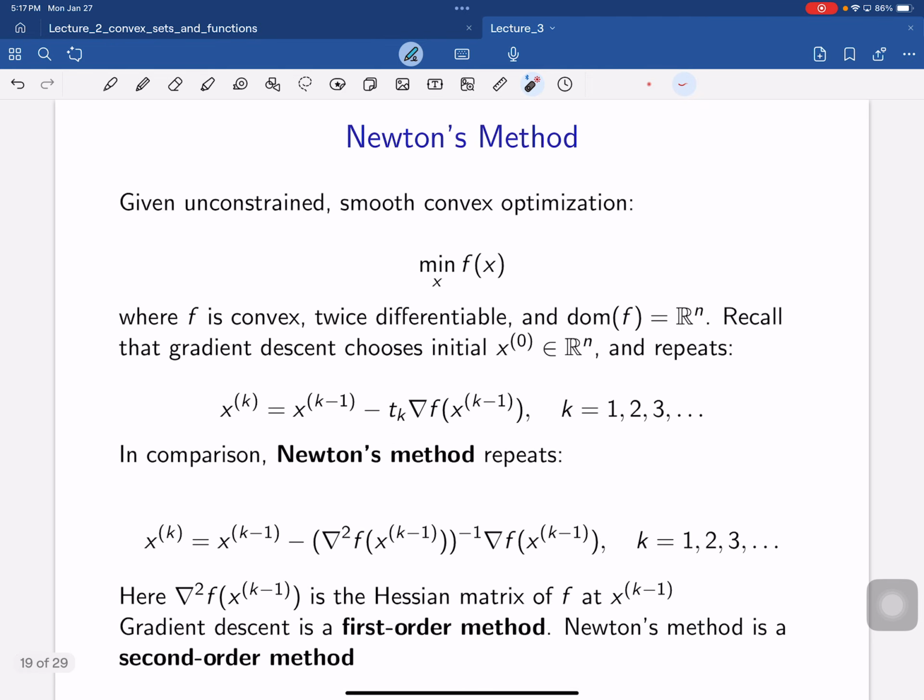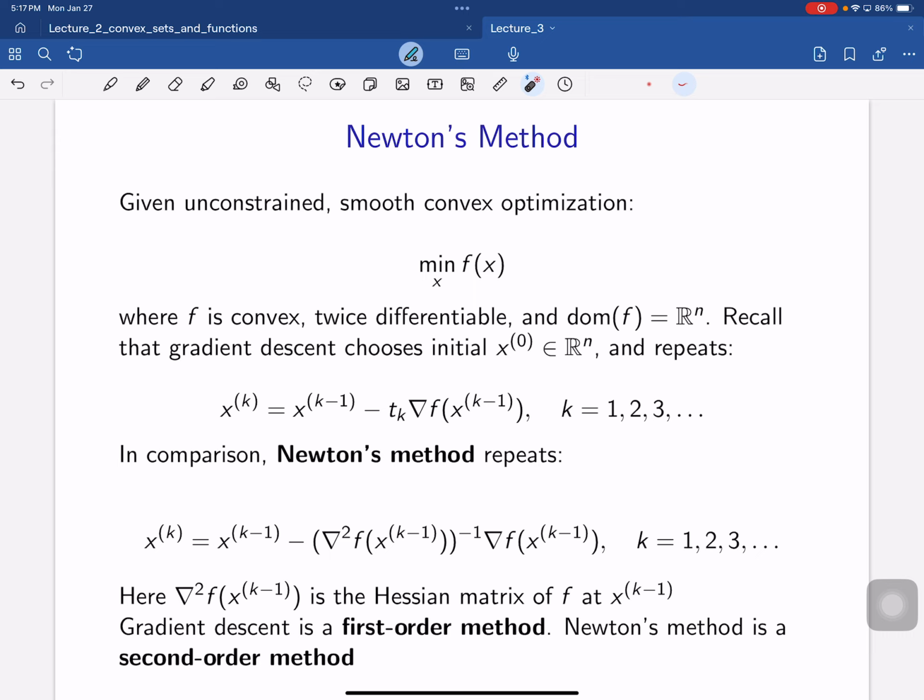Now I'm going to switch gears and talk a little bit about Newton's method, which uses second order information. Again, gradient descent only uses first order information, or the gradient information, right? Newton's method is what is called a second order method, where you assume the function is twice differentiable and you use the Hessian information.